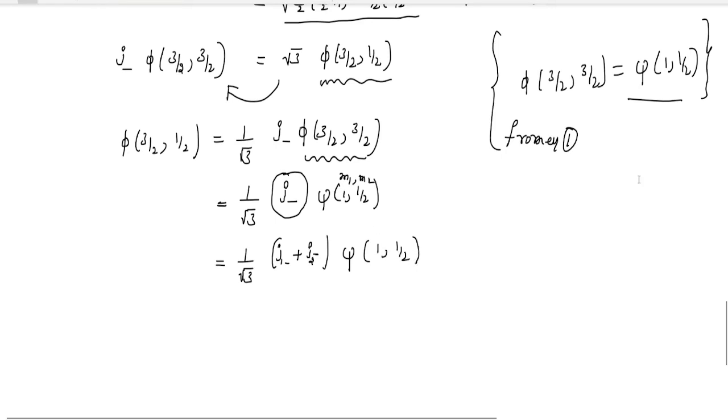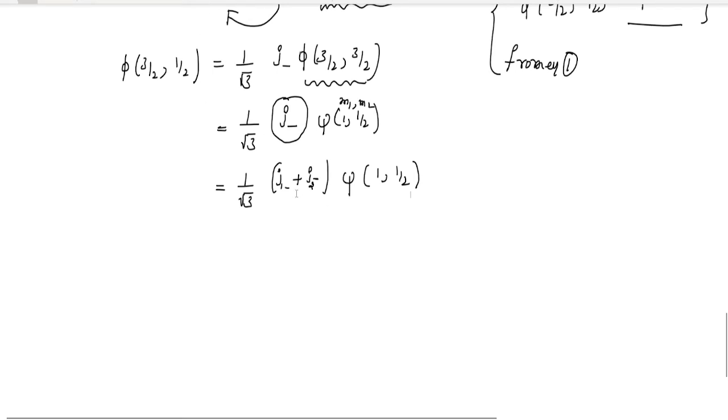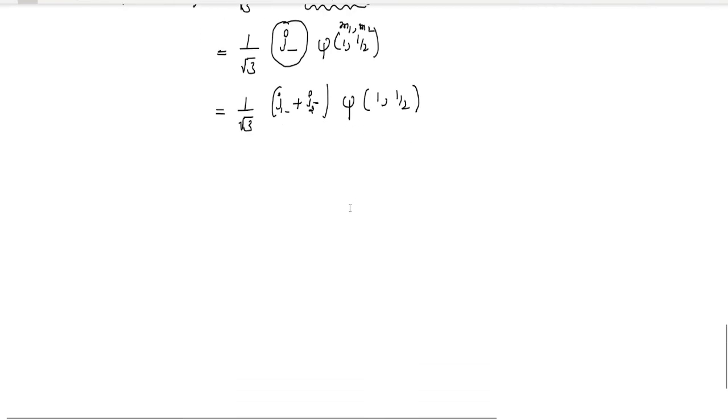Then you try to apply this J1 minus operator on this quantum state. You get the eigenvalues, I mean those coefficient values, A1, A3 value. So for that, root 3 is there.